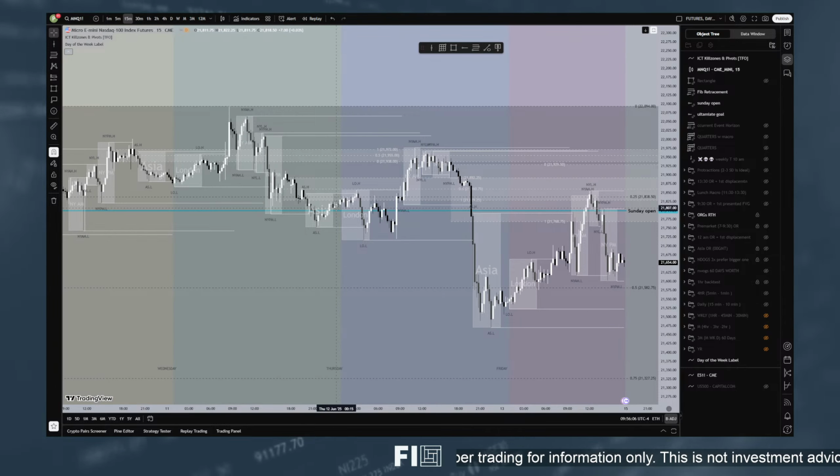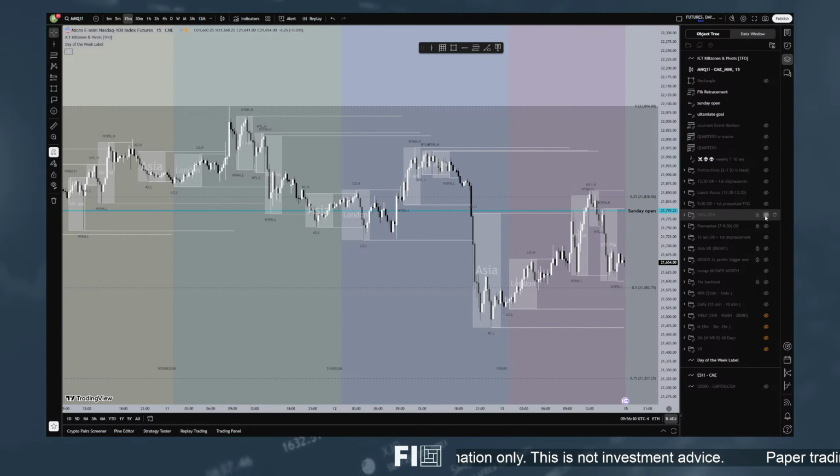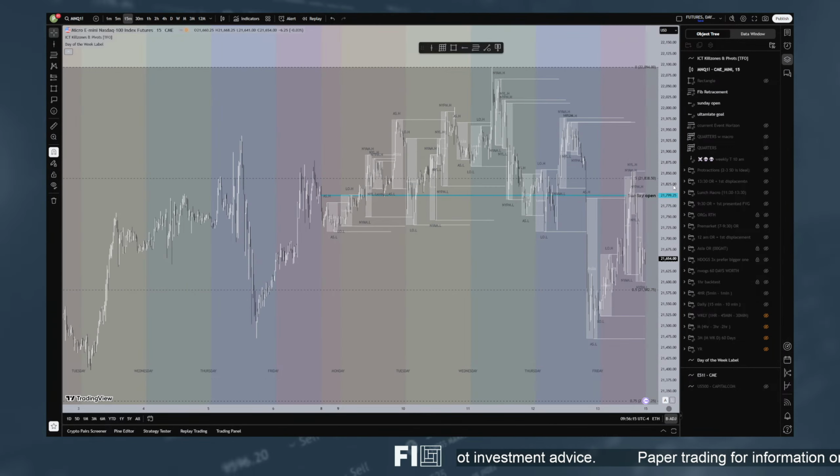I need to come up with better color ideas. Very good. So lots and lots of confluences and bundlings of price that can help us see price action.